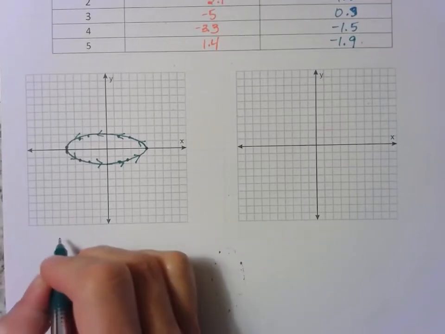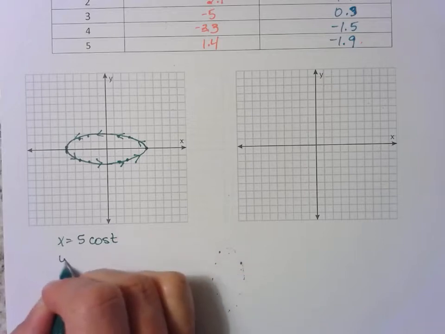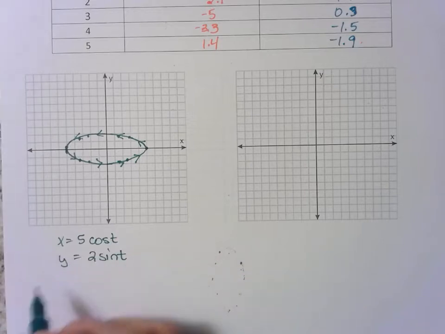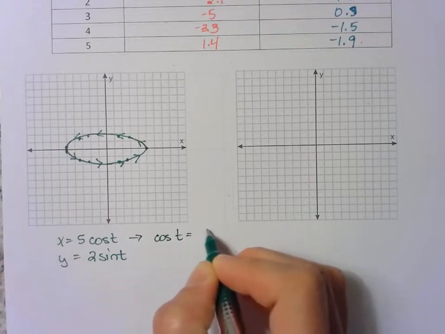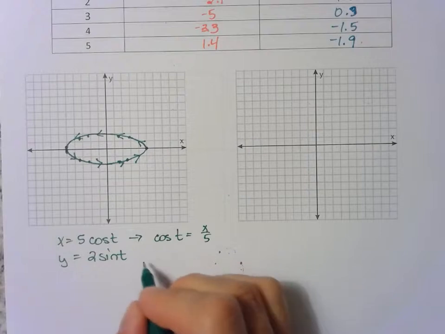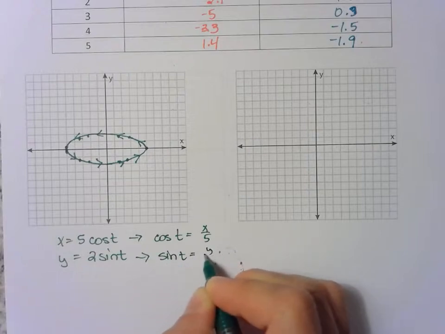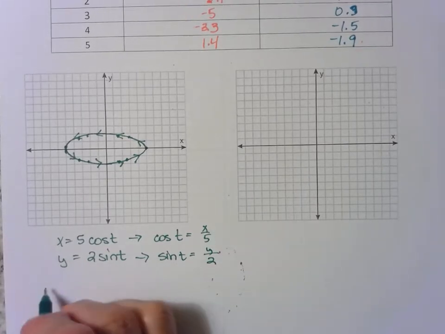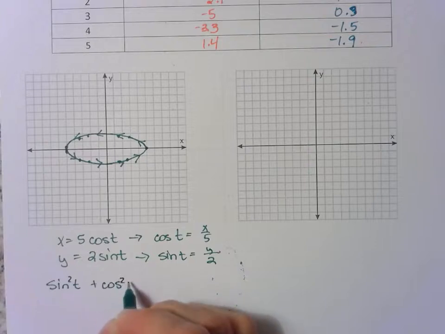So if we have x equals 5 cosine t and y equals 2 sine t, we can say that cosine t is equal to x over 5, and we can say that sine t is equal to y over 2, right? Well, remember, sine squared plus cosine squared is 1.